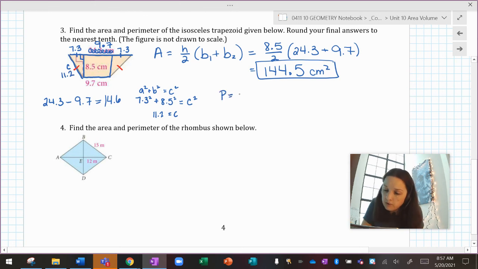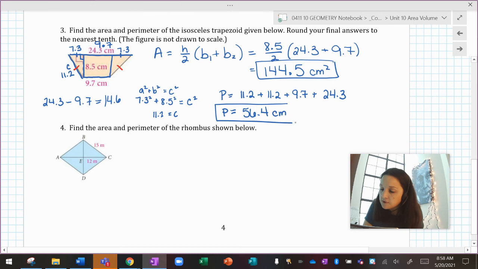So my perimeter is 11.2 plus 11.2 plus 9.7 plus, what was that base before I split it up? Oh yeah, 24.3. And so if you add all of those up in the calculator, you are going to get 56.4 centimeters.